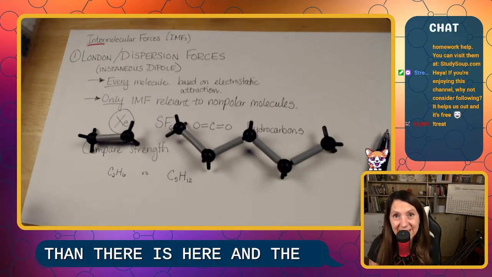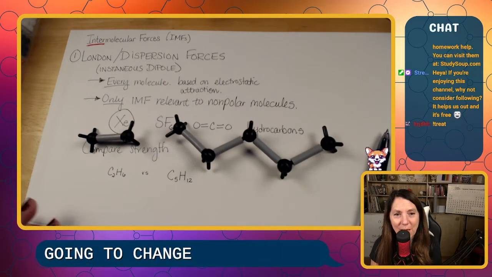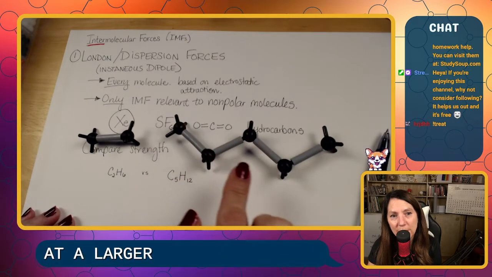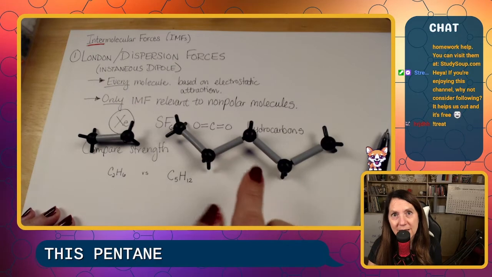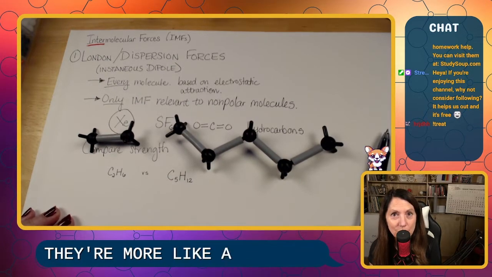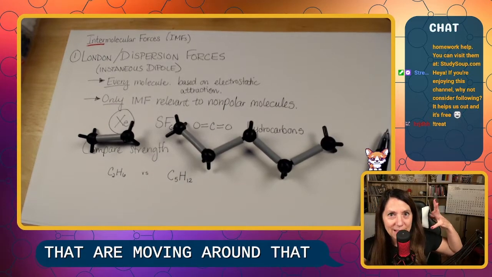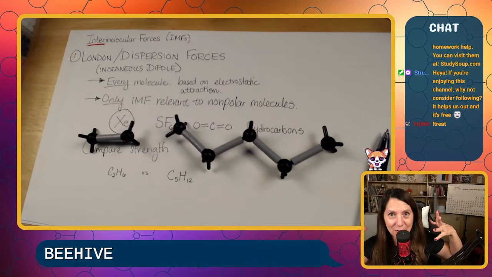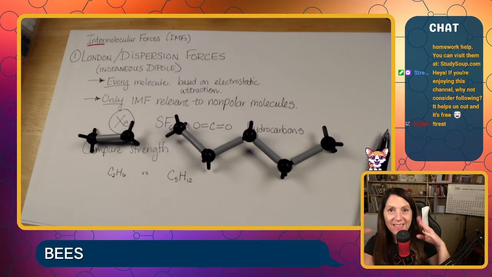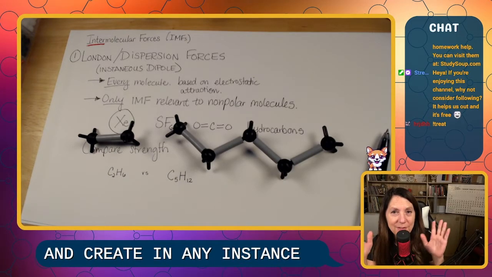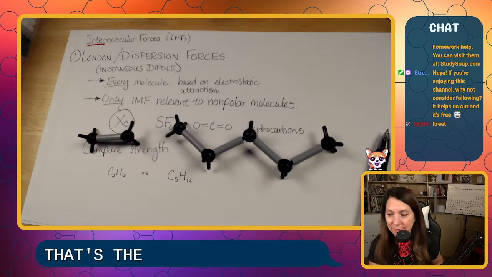And then the next instant, that's going to change. Okay. And so what that means is when we look at a larger molecule like this pentane, there are more electrons that are moving around. That means we have like a larger beehive, a larger swarm of bees that can move around and create in any instant some kind of slight dipole that's there.